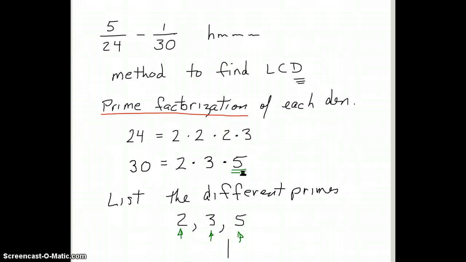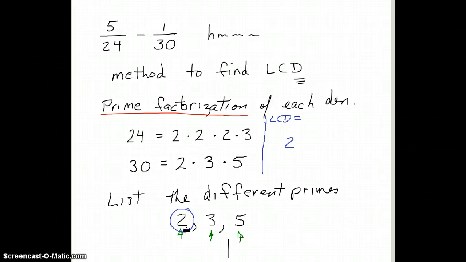Let me erase this. Get a different color. So I'll start with 2. Alright, so I'm going to list out, this is going to be my lowest common denominator right over here. So I'll start with the first one, 2. How many times?